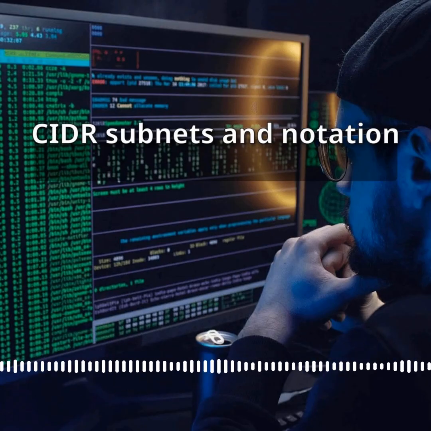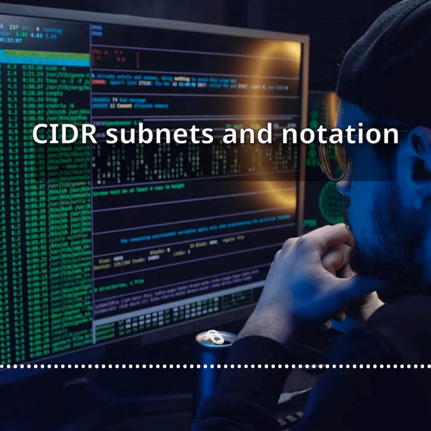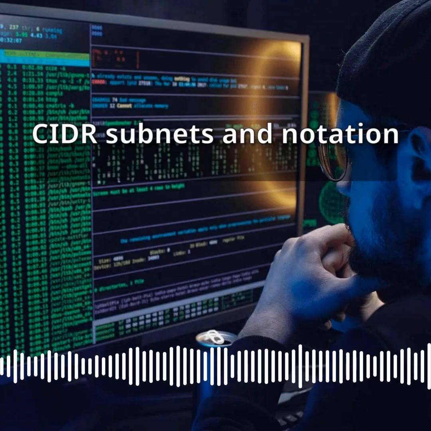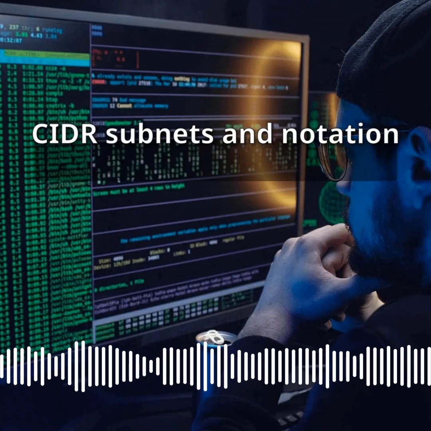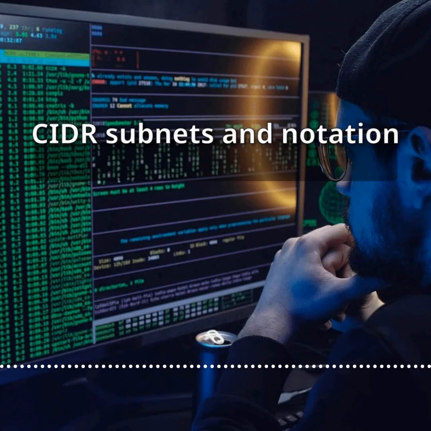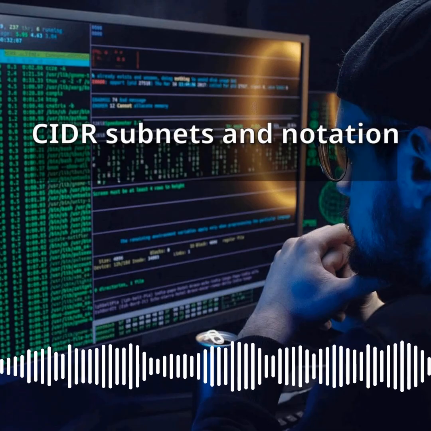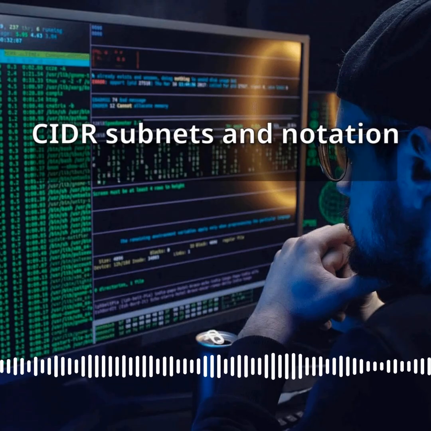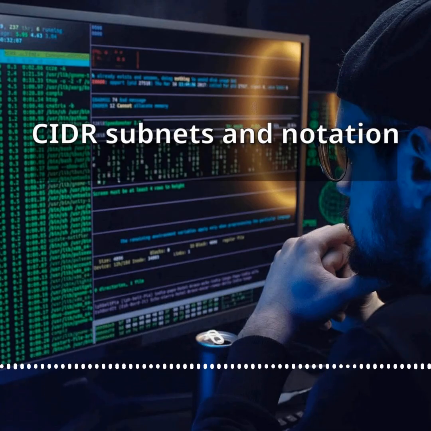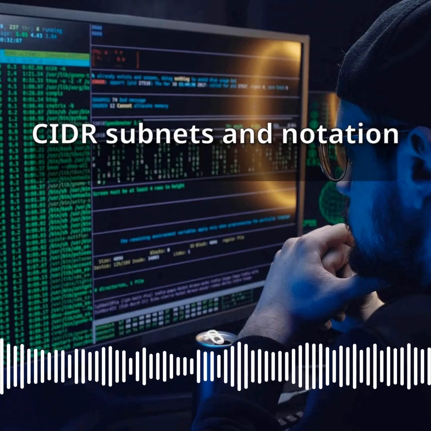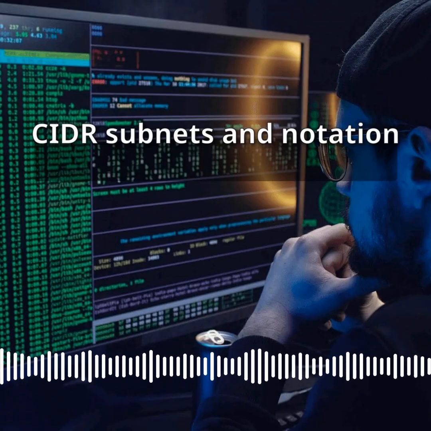The formula to calculate usable hosts in any subnet is 2 raised to the power of 32 minus the prefix length, then subtract 2. For a /24, 2^(32-24) - 2 = 2^8 - 2 = 256 - 2 = 254. For a /25, 2^(32-25) - 2 = 2^7 - 2 = 128 - 2 = 126.